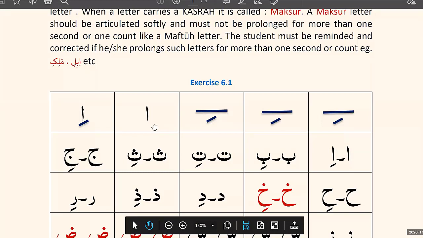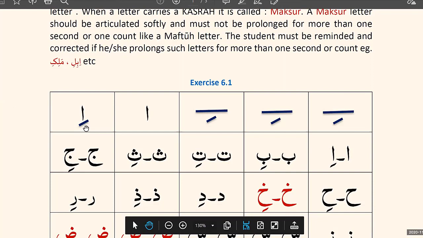Now, in the fourth column, first line, we can find an alif. Okay, it is simple without any stroke. It is called alif. So the final column, which is the fifth column, this alif carries a stroke below.